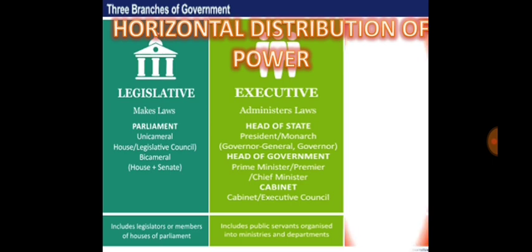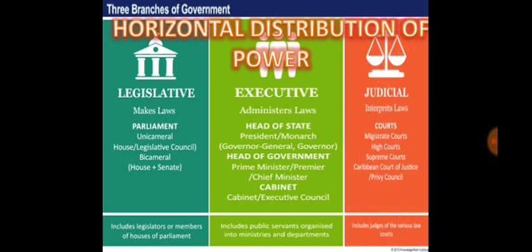And the third one is the judiciary. Our Supreme Court, High Courts and other subordinate courts come under this. And they have to see the legality of the amendments or constitutional modifications, and whether rules and regulations are as per our constitution or not. They are interpreters of laws.